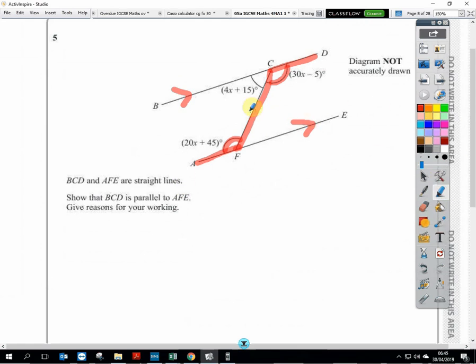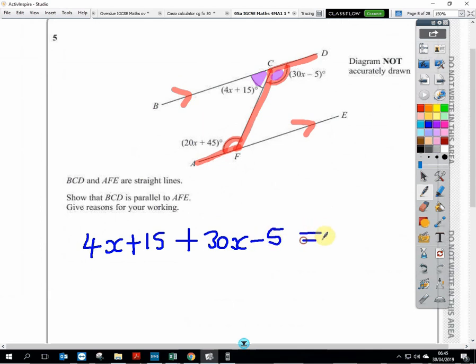What I also know is that angles on a straight line add up to 180 degrees. So this one here and this one here should add up to make 180 degrees because that's a straight line. And it tells me they're a straight line, so I can use that fact. Right, let's add them together first of all. So we have 4x plus 15 plus 30x minus 5. And when you add them together, it should equal 180 degrees.